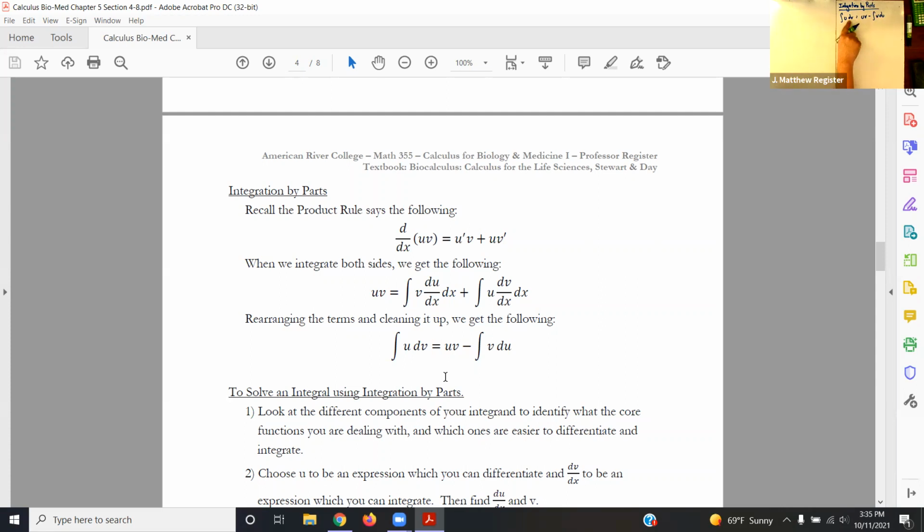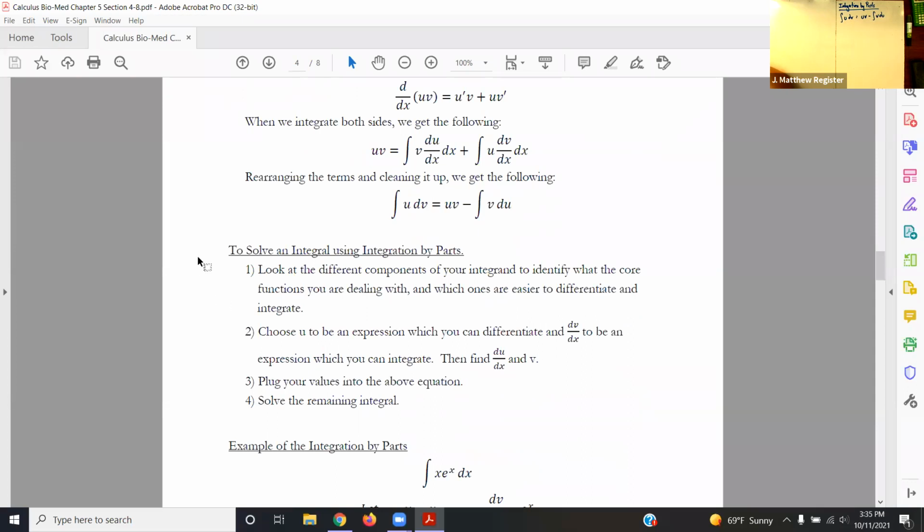And technically, the dv is really dv dx. And then the du is really du dx times dx for each of them. But this gives us a way of taking one integral and rewriting it as a different integral. And that different integral might be something which is easier to integrate. And so to solve an integral using integration by parts, what you want to do is look at the different components in your integrand to identify what the core functions are that you're dealing with, and which ones are easier to differentiate and integrate.